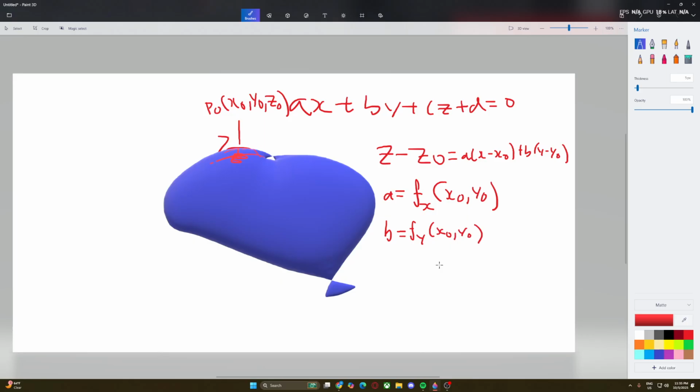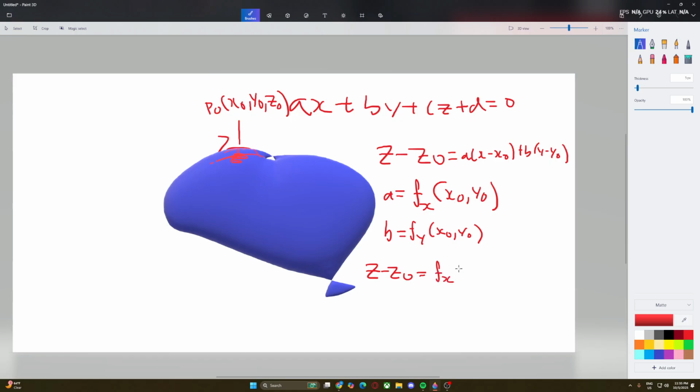So putting that together, you get what a crazy equation. z minus z0 equals fx times x minus x0, and so on.